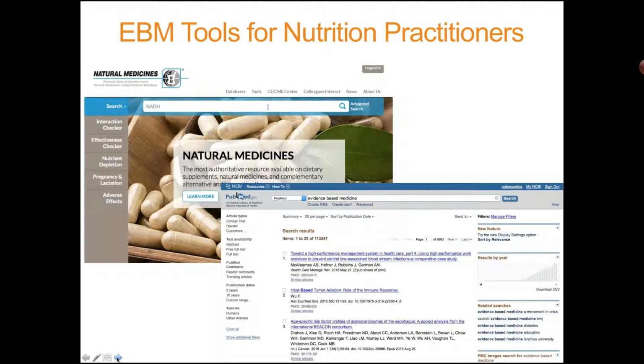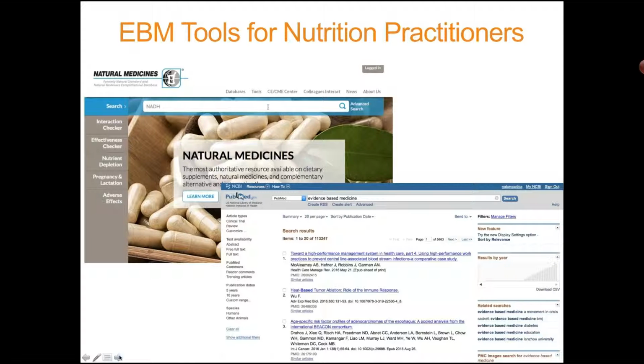We have some tools that allow us to practice evidence-based medicine or nutrition. In our case, if you're a member of BAND, you have access to the nutritional medicine database that gives you access to papers and monographs on different substances. And we also use, or I hope that you're using, PubMed on a regular basis to find papers to support your arguments.